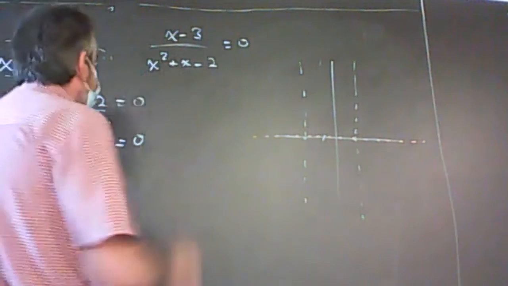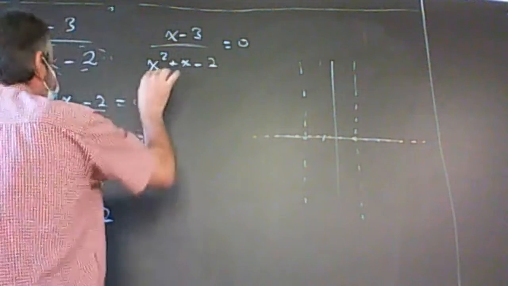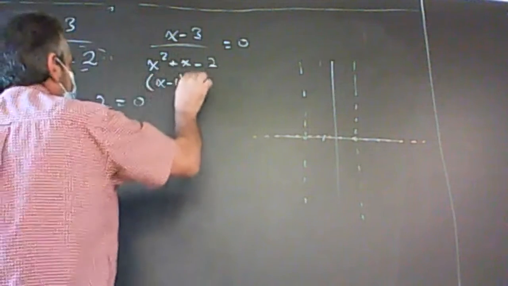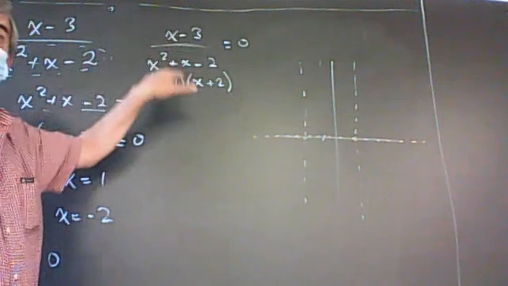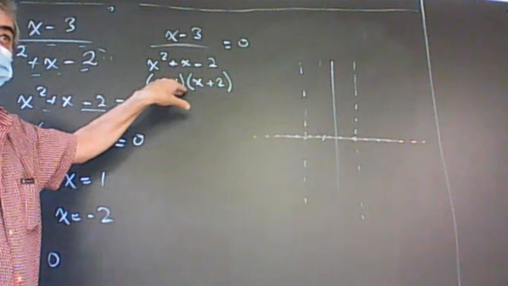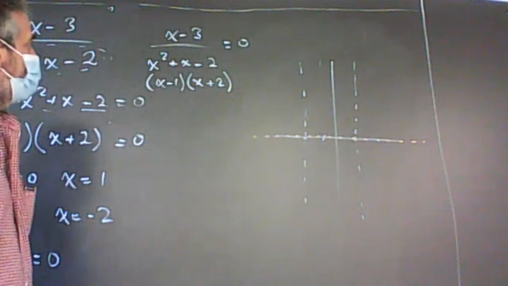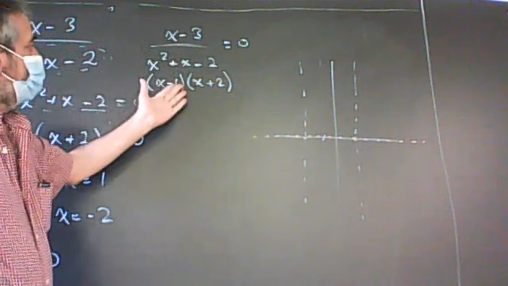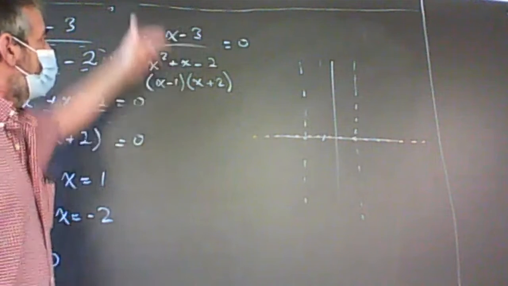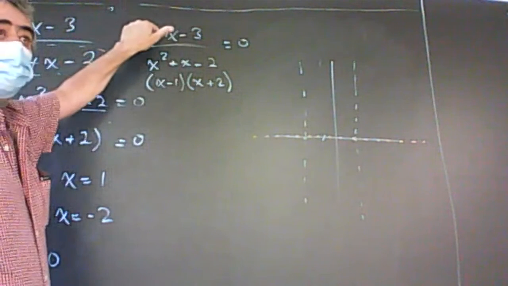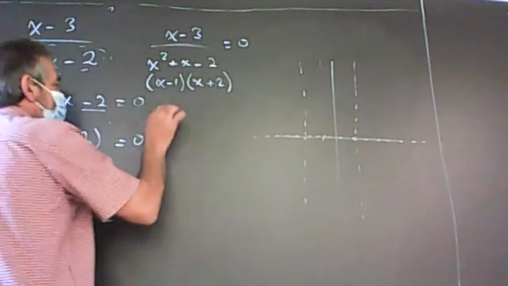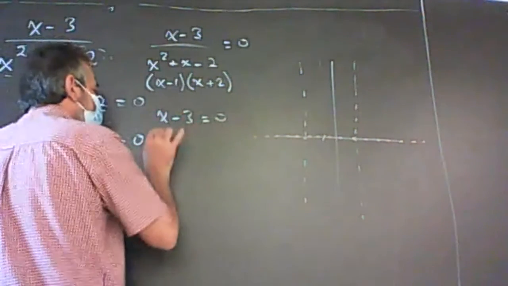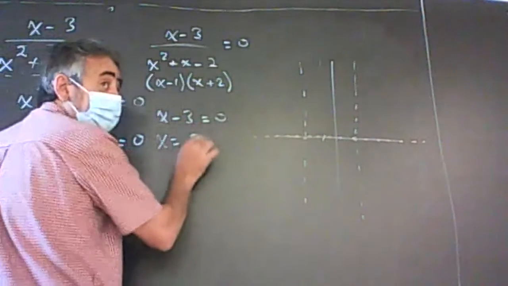So notice this one is x minus 1, x plus 2. Correct? We cannot simplify by any of these. Yes? Now we see that this is equal to 0 when the numerator equals 0. Yes? And then x minus 3 equals 0, then x equals 3.